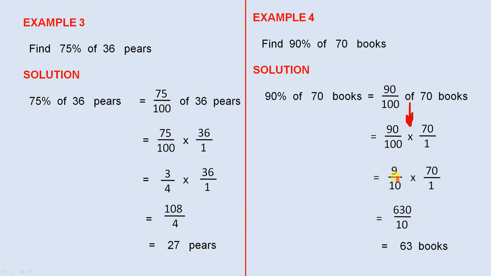So that gives us 9 over 10. There's your 70 over 1. 9 times 70 is 630, and 10 ones are 10. 630 divided by 10 is 63. So 90% of 70 books is 63 books.